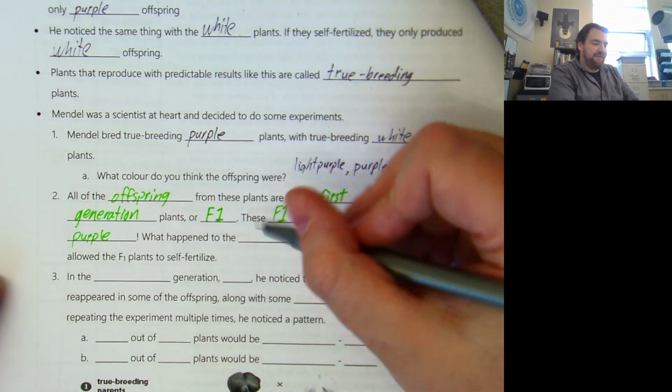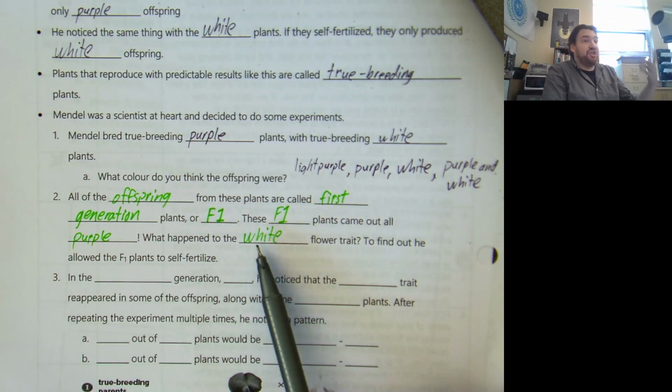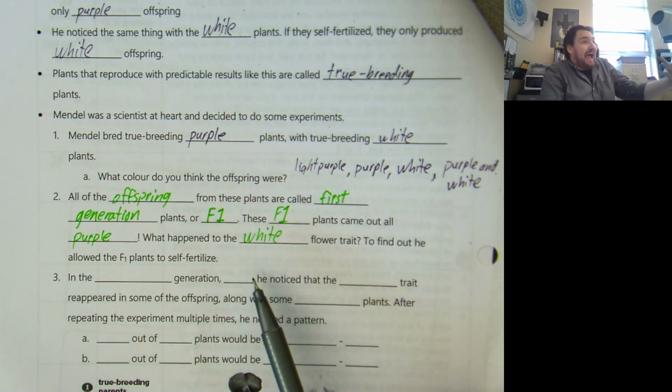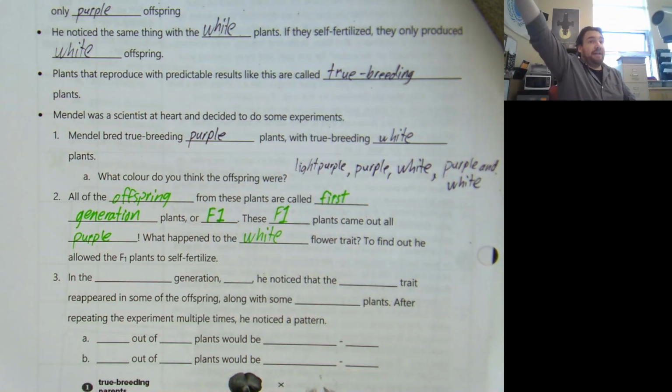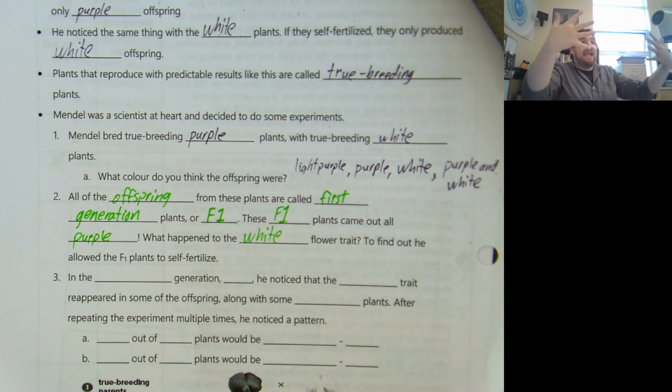What happened to that white flower trait? The genetic code for white had to have still been there. It got it, because if you remember how genetic code works, you get both halves of a homologous chromosome pair, one from mom, one from dad. So all of the genetic material you got from mom is there, all the genetic material you got from dad is there, and they blend.